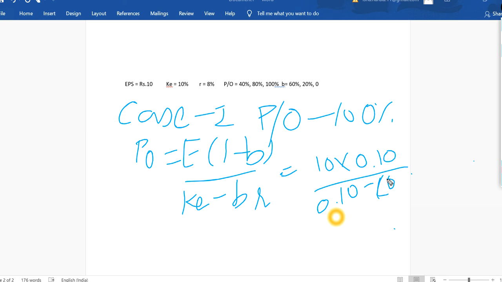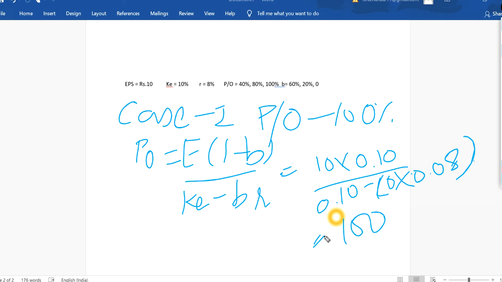It means the company is not retaining anything. 0 into rate of return 0.08. And here the answer is rupees 100. So the price of the share is rupees 100.